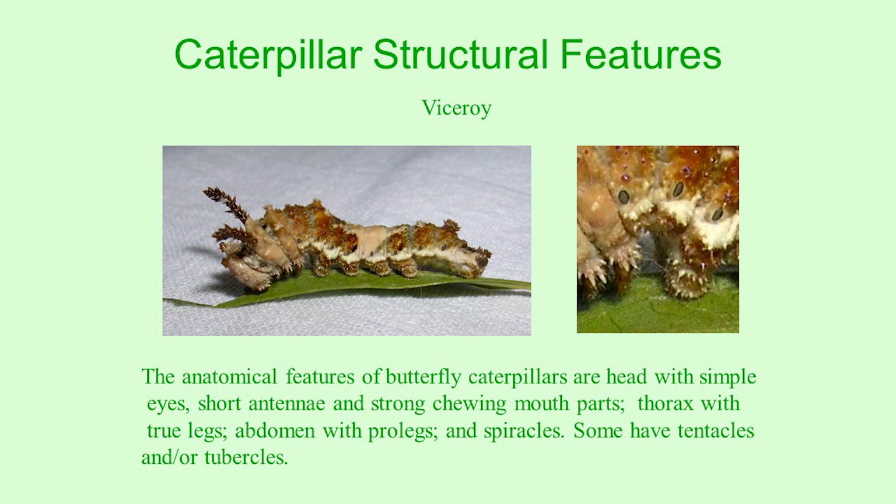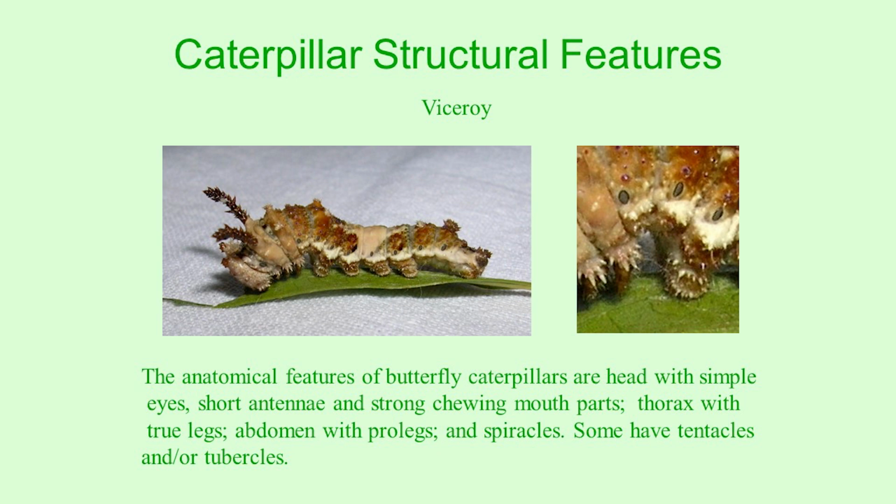So if you look at the picture on the right, the true legs are the 2 little legs on the left with what look like little toes. And then a proleg is the one on the right. That's a fat little leg. And then above that, you see 3 oval dark spots.